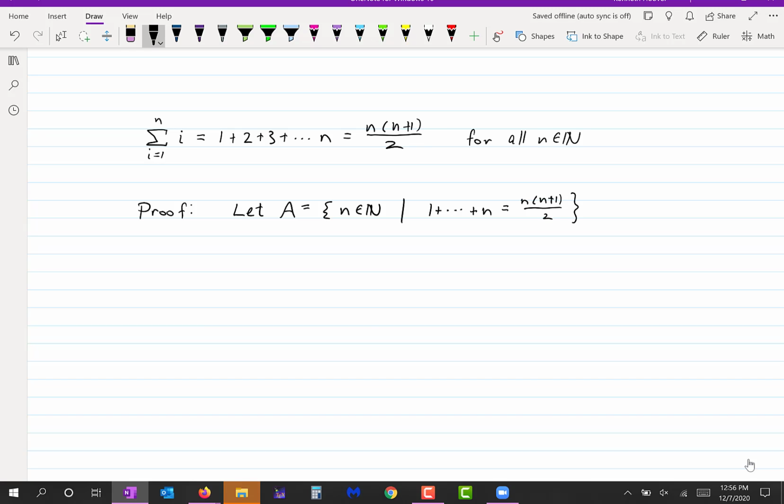Okay? Write it just like that. Let A be the set of n in the natural numbers such that the sum of the natural numbers from 1 to n equals n times n plus 1 over 2.